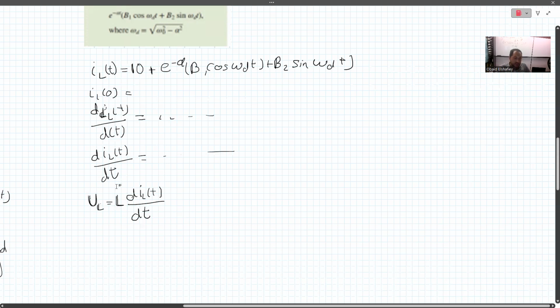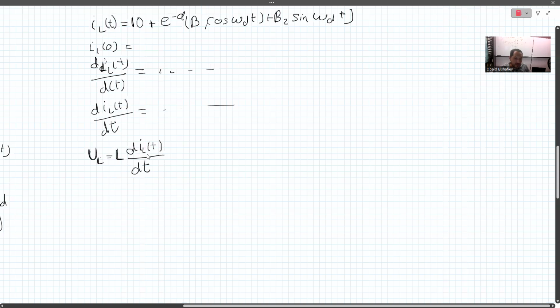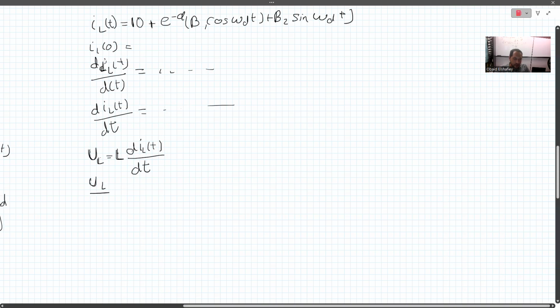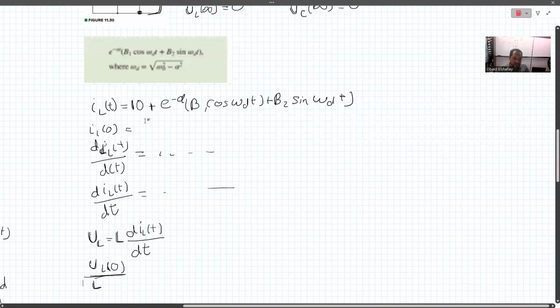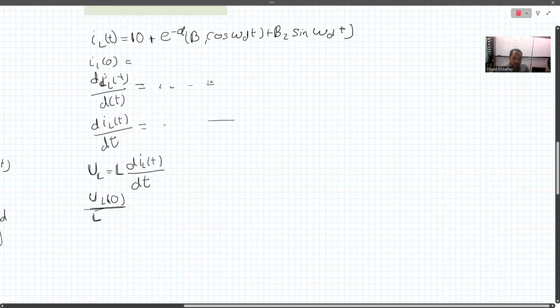So this is the equation for the voltage across the inductor. We do have the voltage across the inductor, but we need to make some changes: we need VL over L at 0, and we have this part equal to the derivative. So now you have two equations and two unknown variables, and can easily get those two variables.